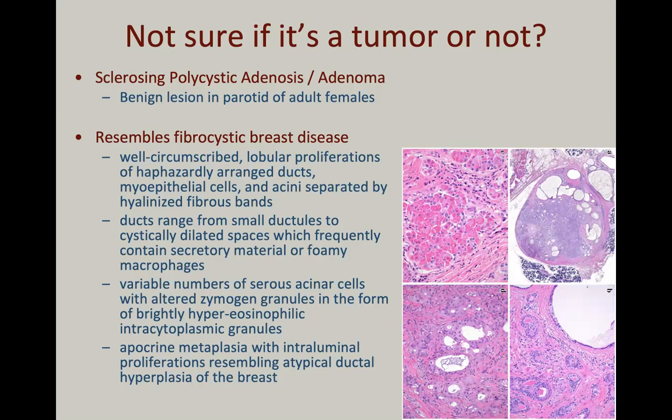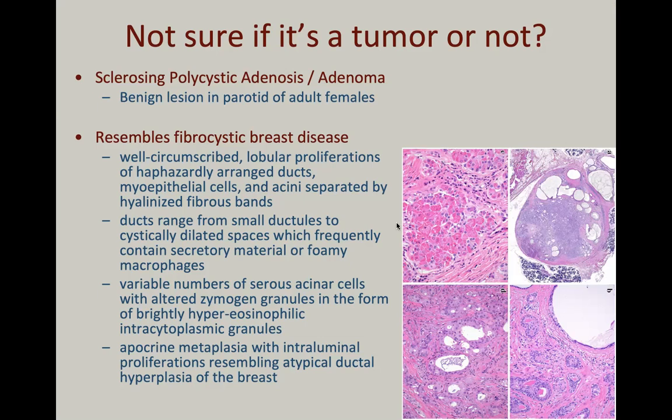And so there's this one tumor called sclerosing polycystic adenoma, or sclerosing polycystic adenosis, that is one of these lesions that we are recently discovering to potentially actually be a clonal neoplasm and not just a reactive process.